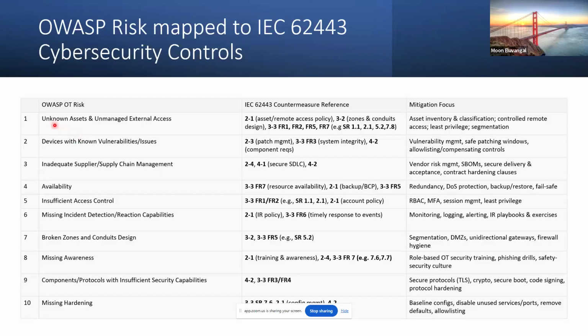So I will go with the first one, which is talking about unknown assets and unmanaged external access. That's a very common problem, and one of the most important problems in the industrial world, right? Because there is no single asset inventory for most of the asset owners.